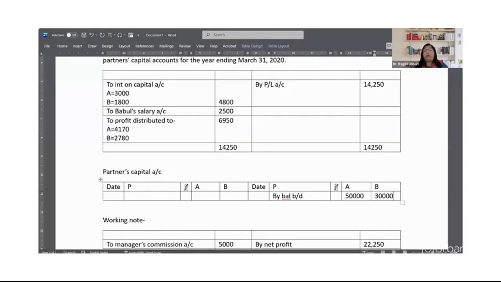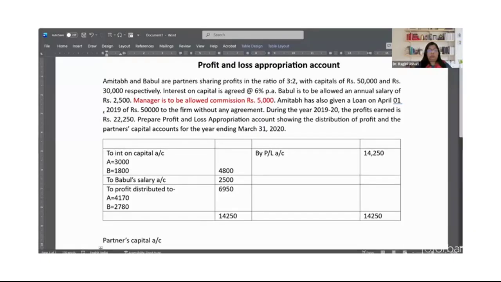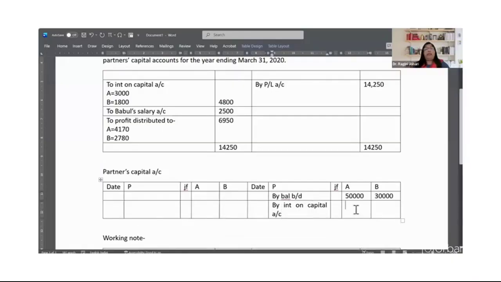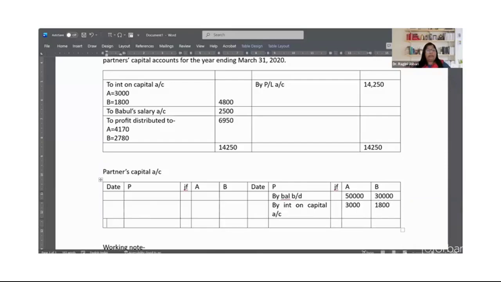They have earned interest on capital, and their earnings are 3,000 and 1,800. And then Babu's salary.